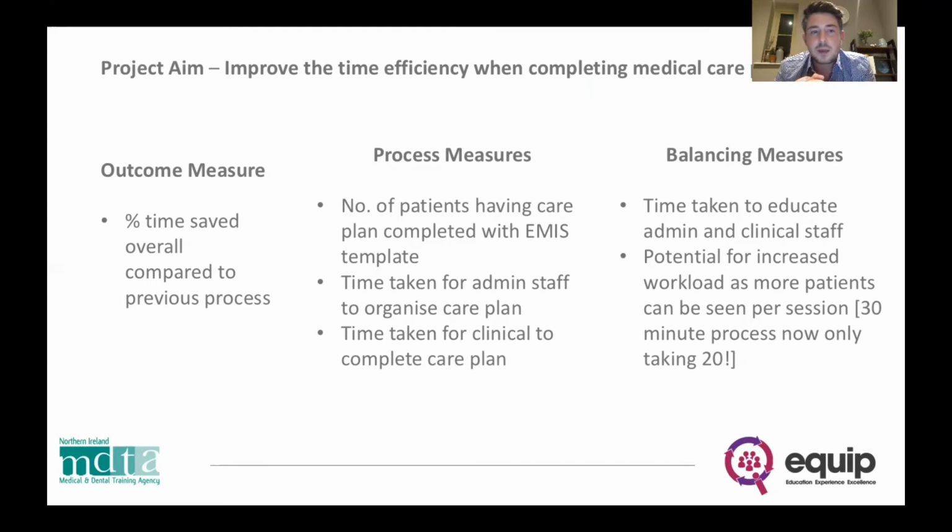My outcome measure was, again, closely related to the aim of my project: the percentage of time saved overall compared to the previous process. The process measures, the moving parts of the project, which I looked at closely, were the number of patients having a care plan completed with my new template, the time taken for admin staff on average to organise the care plan in the new format, and the time taken for clinical staff to complete this care plan.